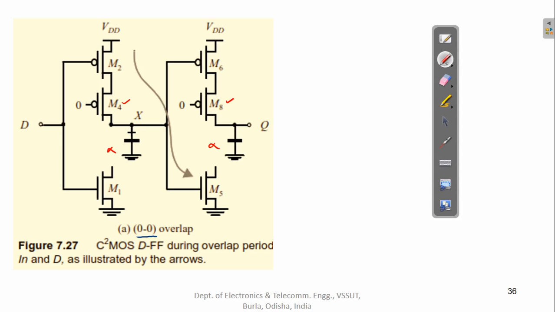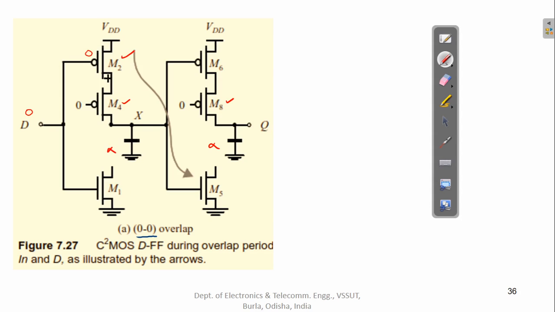Now when this M2 is available, when a 0 is being provided at its gate, so let's say when D is 0, that makes it on, and the condition of this M1 is not affecting, because whether M1 becomes on or off, it is not going to affect the functionality because this is disconnected.